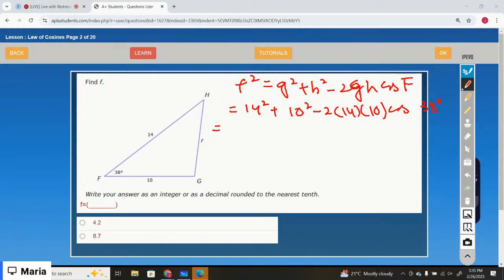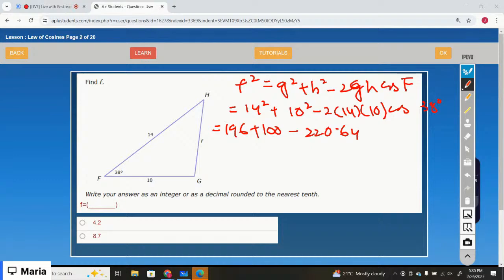So 14 square is 196, plus 100, minus cos 38, which is 0.7880, times 10 times 14 times 2, that is 220.64.